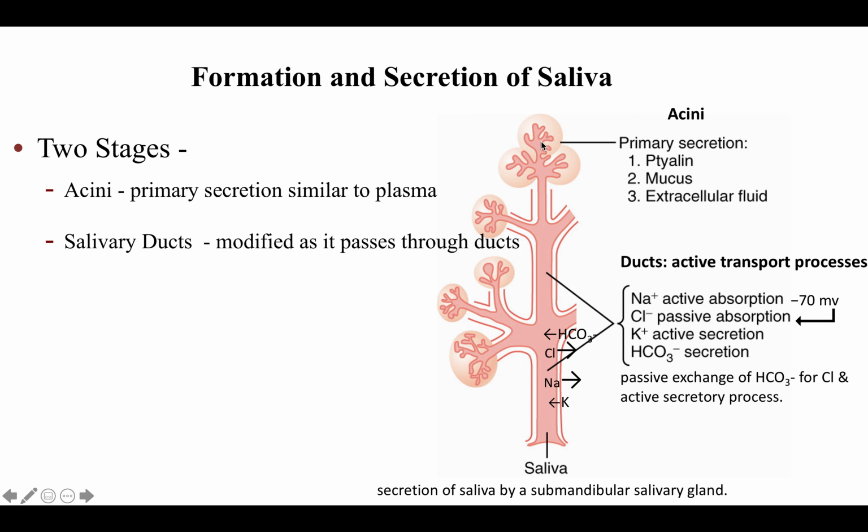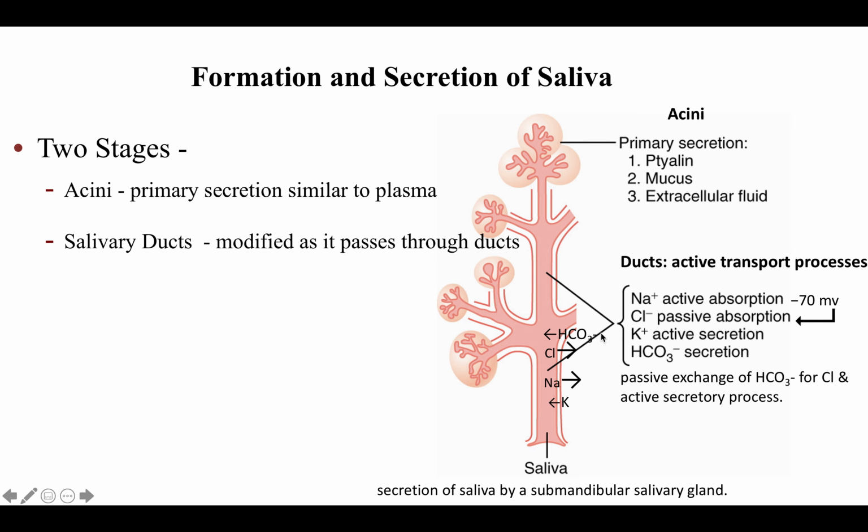Once these secretions move to the ducts of the salivary glands, there will be modifications. There will be absorption of some ions and secretion of other ions to modify the components of the saliva. The first ion to be reabsorbed actively is sodium, and this would result in minus 70 millivolts and change the osmolarity of the saliva.